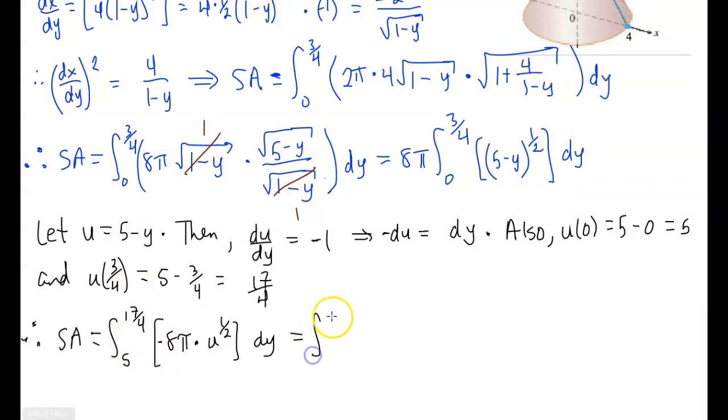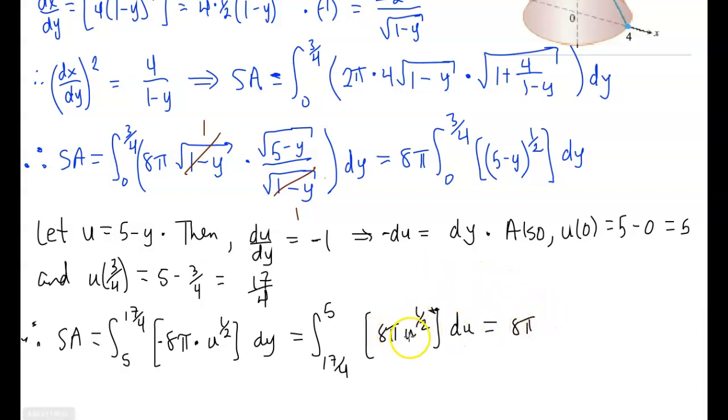So what we can do is rewrite this as 5 for the upper limit and 17 over 4 for the lower limit, and just have this as 8 pi u raised to the 1/2 du. And then, of course, from here, we can just integrate that, or take the antiderivative of the integrand that we have directly. Okay. So if we do that, then we have the 8 pi, that's a constant.